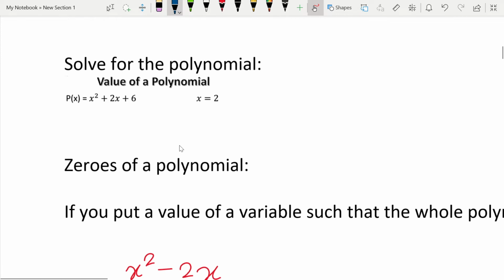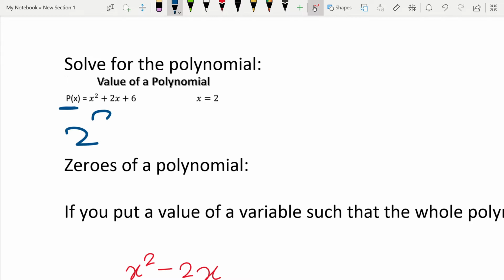Now, solving for the polynomial. If you've got a question like p(x) equals x squared plus 2x plus 6, and we have got that x is equal to 2, what do we do? Now here p(x) is nothing, just to say that it's the whole polynomial, okay? With the variable inside the brackets. So nothing to worry about. Now x is equal to 2.